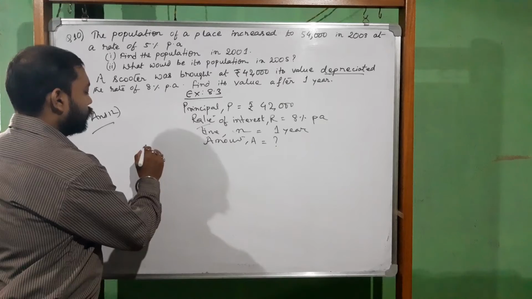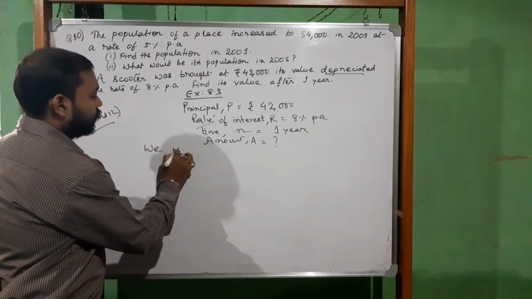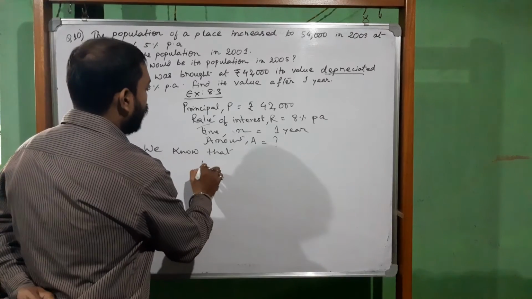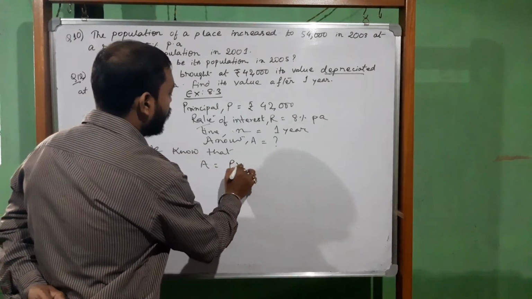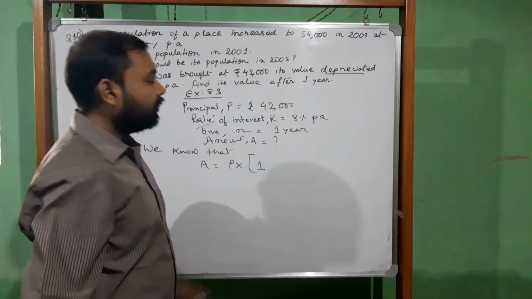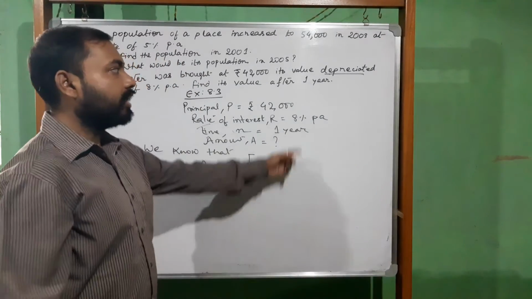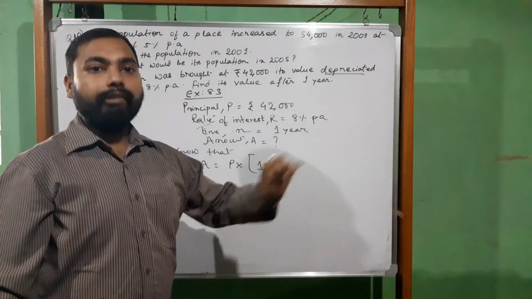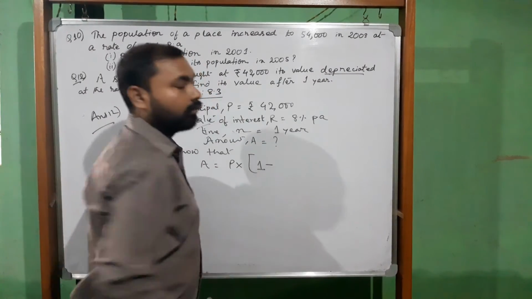So we know that amount A is equal to P into 1. Now in this formula, this is the new thing: since it is given depreciation, the value is decreasing, so we will be using the minus sign, not the plus.